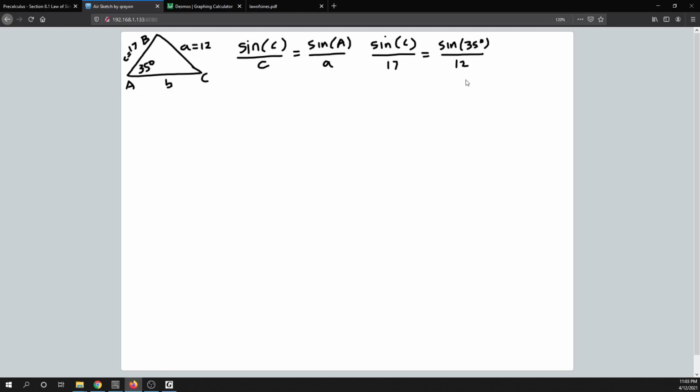All right, so we'd cross multiply. We'd multiply 12 times sine C. And cross multiply here, 17 times sine 35 degrees, and then divide both sides by 12.